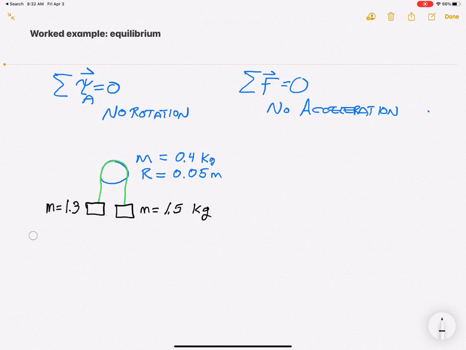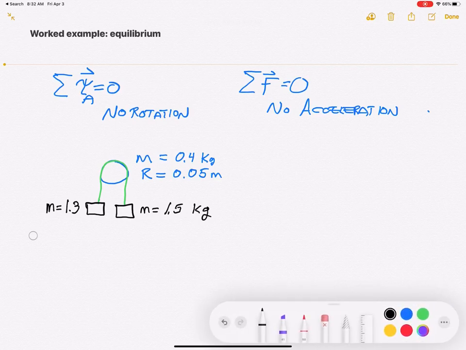Normally, without the pulley having a mass, we would just assume that the tension was constant throughout the whole system. But instead what we need to do is to break this system up into 3 systems to get analyzed.